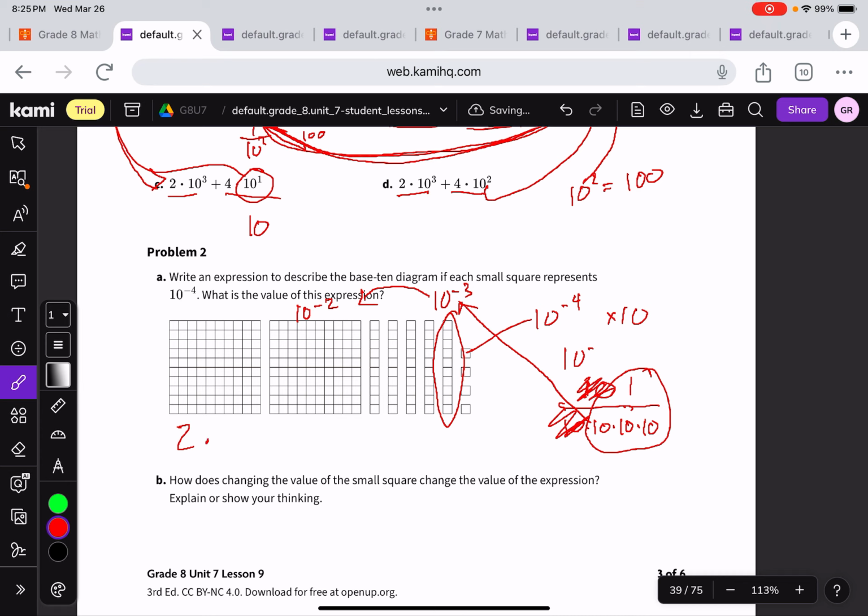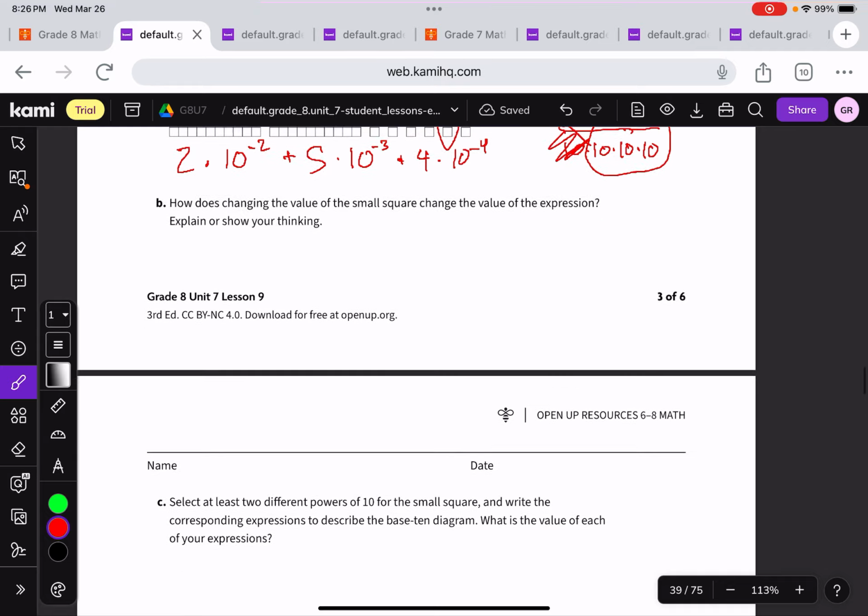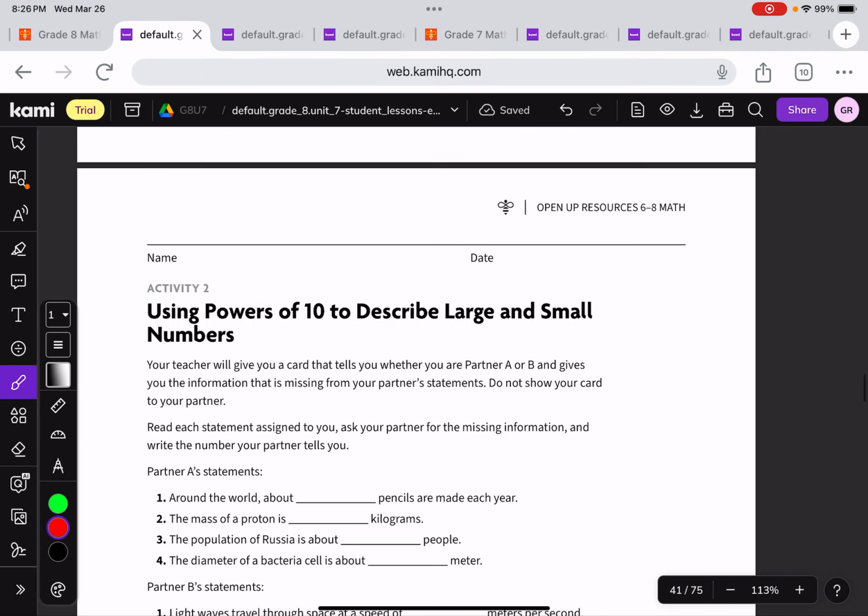There's two 10 to the negative seconds, plus there is 1, 2, 3, 4, 5 of these 10 to the negative thirds, and then there is plus 4 of these 10 to the negative fourths. So a lot going on there, but hopefully you're just recognizing this is ways that you can write very big or small numbers.